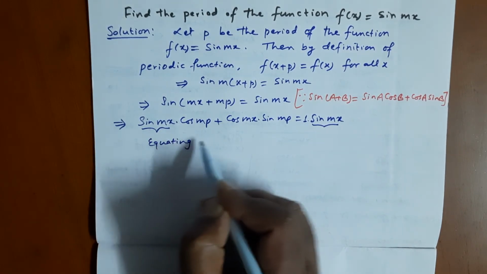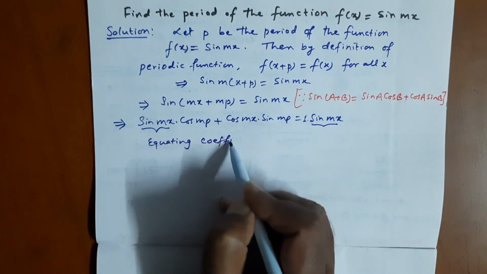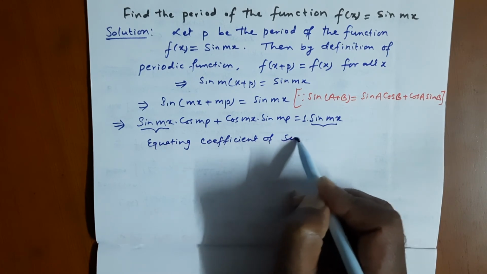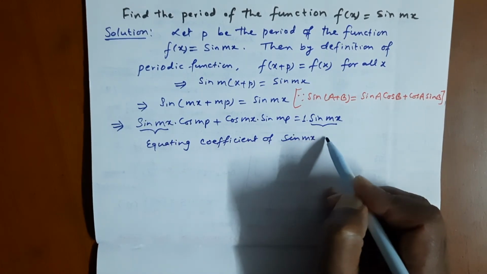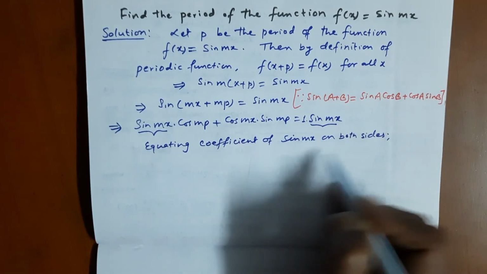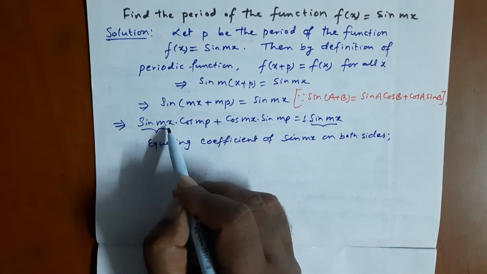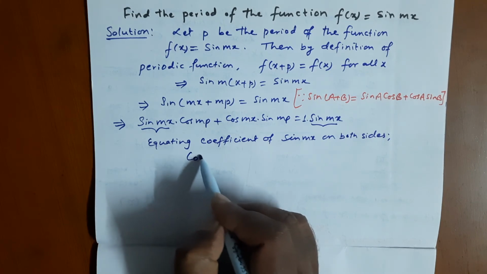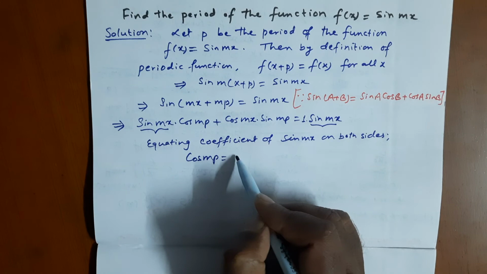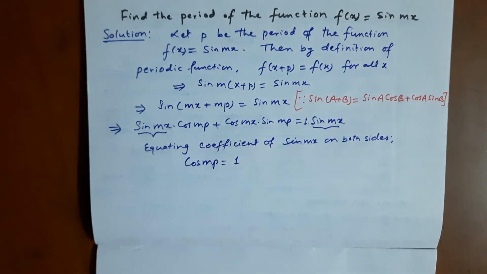Equating the coefficient of sin(mx) on both sides, here the sin(mx) coefficient is cos(mp) equals 1.